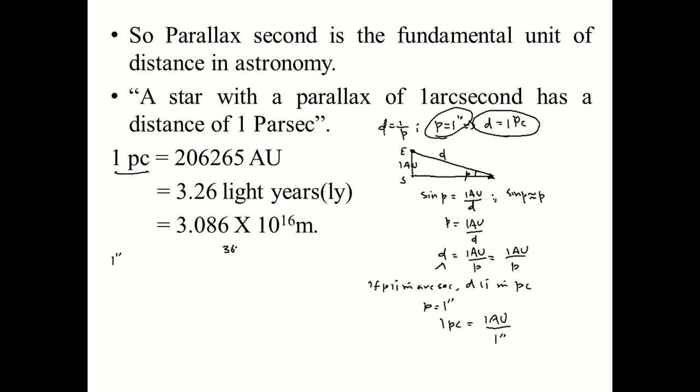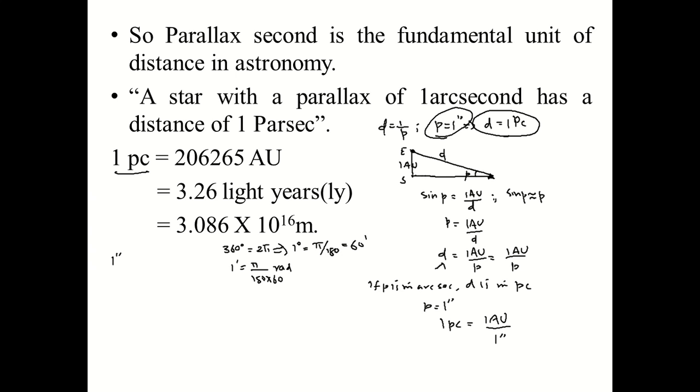You know that 360 degrees is 2 pi. From this you will get 1 degree is equal to pi by 180, but 1 degree is equal to 60 minutes. So 60 minutes is equal to pi by 180. So 1 minute will be pi by 180 into 60 radians.